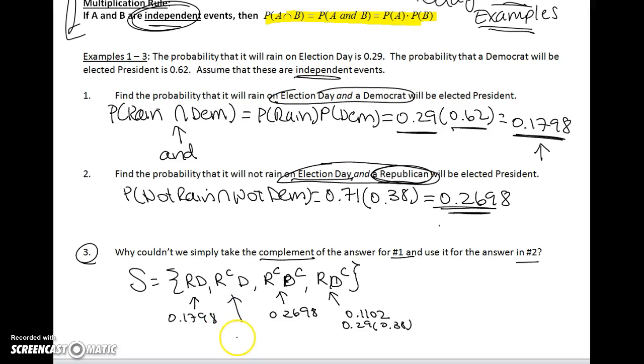Similarly, this one has a probability of 0.4402, because that would be not raining, which would be 0.71, times a Democrat winning, which would be 0.62. If we add now all these probabilities, every single option that could happen, those all add to 1. So you have to be really, really careful with the complement rule because there's different events going on.